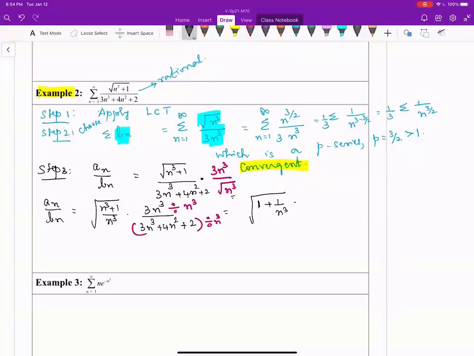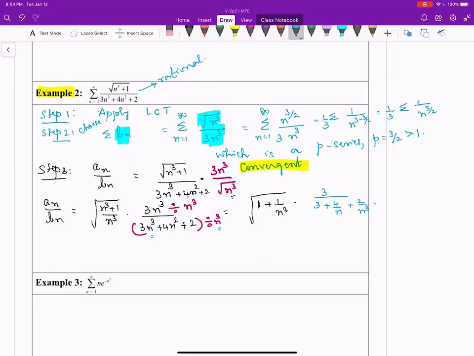So we get this multiplied by 3n cube over n cube, that gives a 3. Then 3n cube over n cube gives a 3 as well. And 4n square over n cube gives 4 over n plus 2 over n cube.